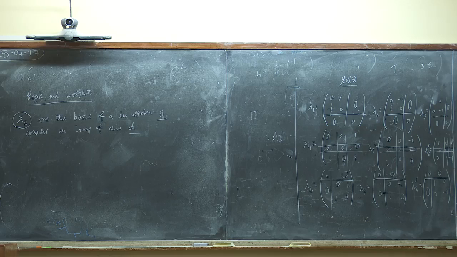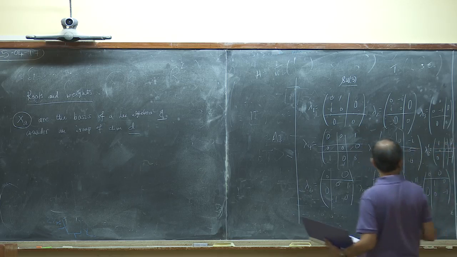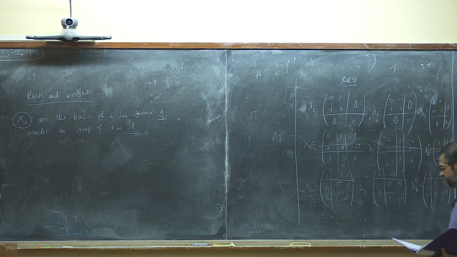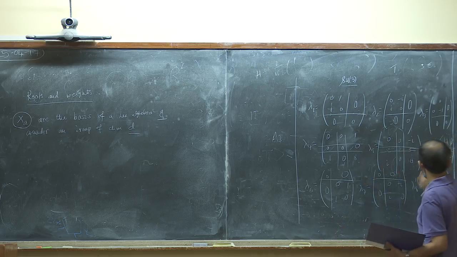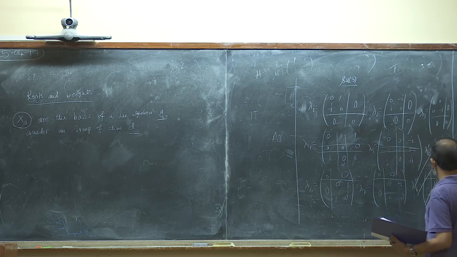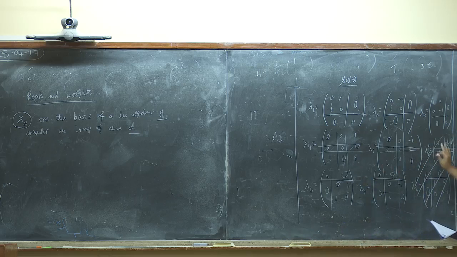So what one does is not to take this lambda 8 prime. I will not use these, but I'll use one traceless Hermitian matrix, which is called lambda 8.